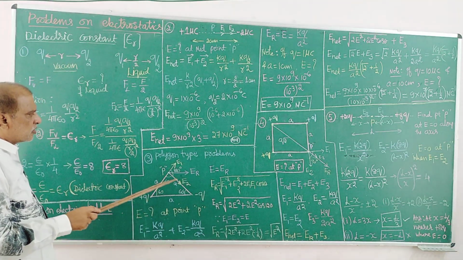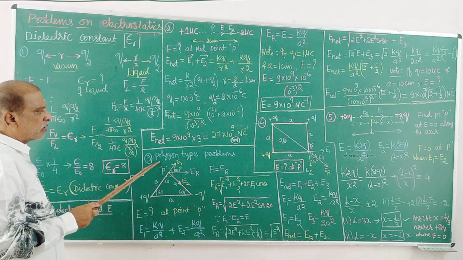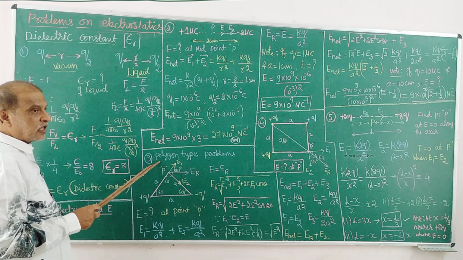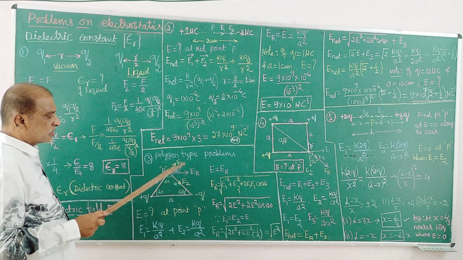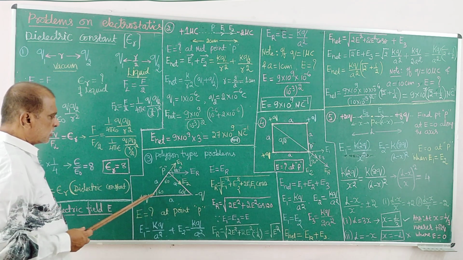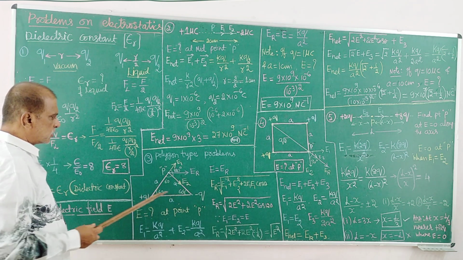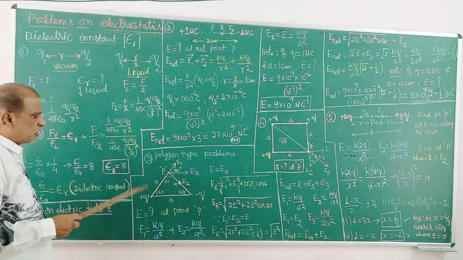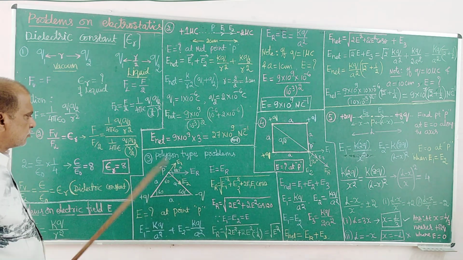This is a polygon type, similar to the previous one. The previous one was electrostatic force, now this is electric field. Polygon means two charges and the point are in this geometrical arrangement.